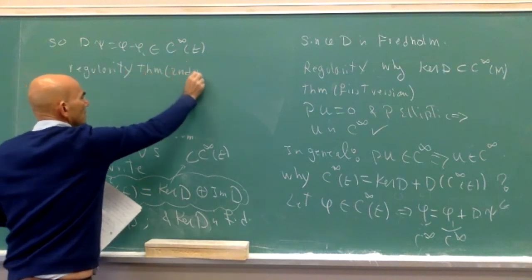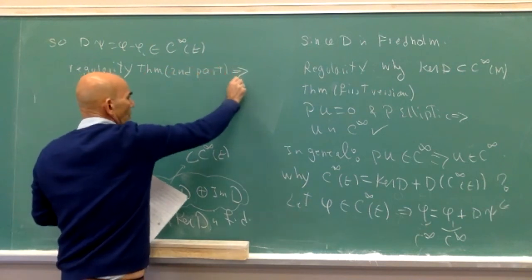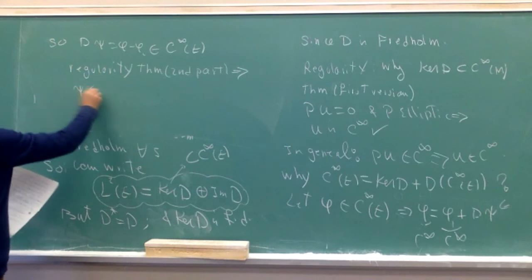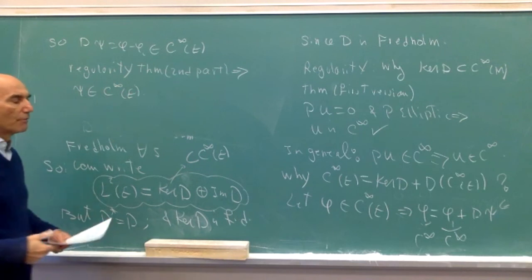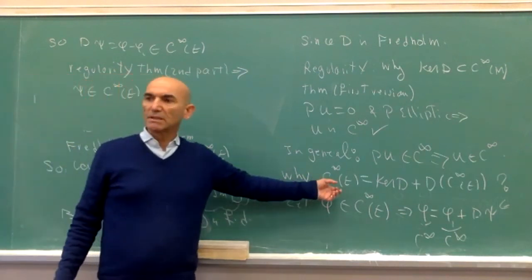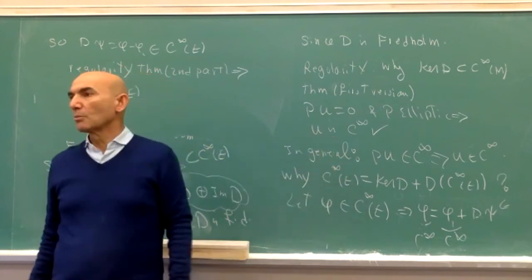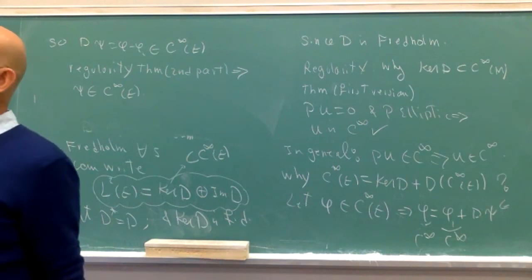This is the second part, which implies that psi itself belongs to C infinity. So we are done. We showed that every smooth section is actually a direct sum of some harmonic section plus d of something.